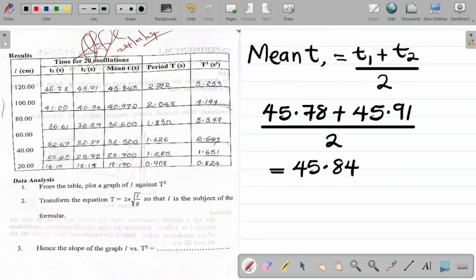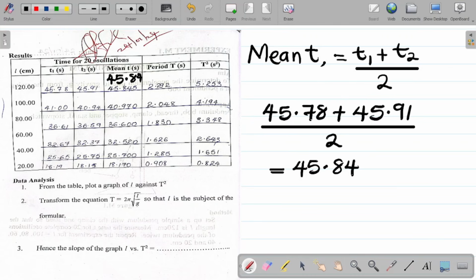So this value here should be 45.84. And by the way, when you're filling your table, please make sure you maintain the same number of decimal places. For instance, if you look at this, this was given in 2 decimal places, 2 decimal places, 2 decimal places, 2 decimal places. You'd have to maintain the same 2 decimal places. That means here should rather be 45.84. Do the same thing for all of this.